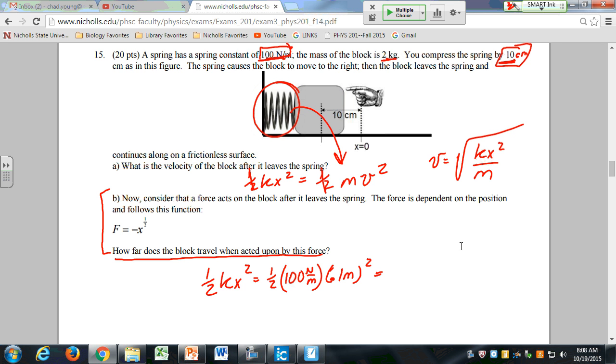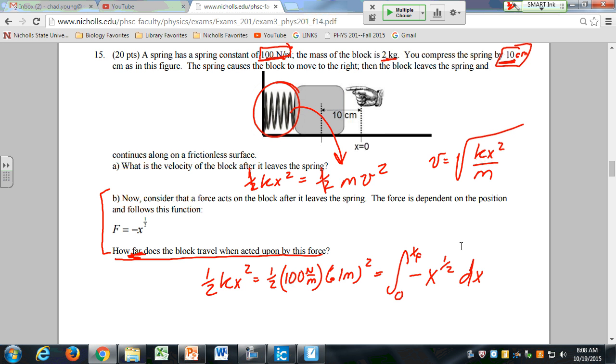I'm going to set that equal to the integral of negative x to the half dx. And then I'm going to integrate from 0 to xf. And I'm looking for xf because what I want to know is how far the block travels. xf will be the block's final position.